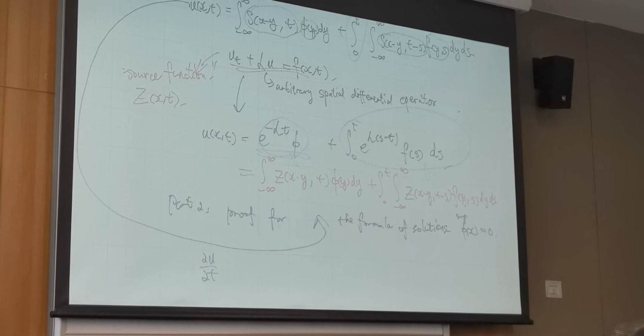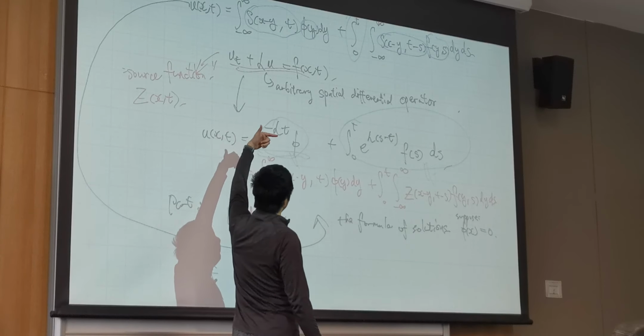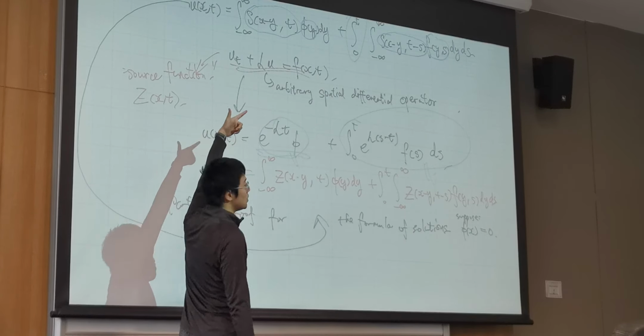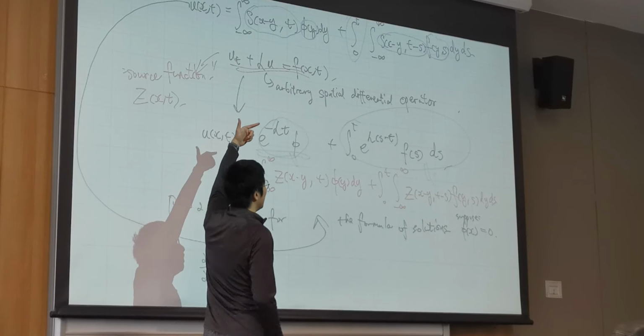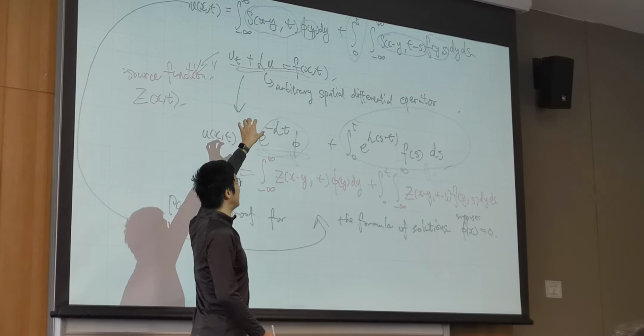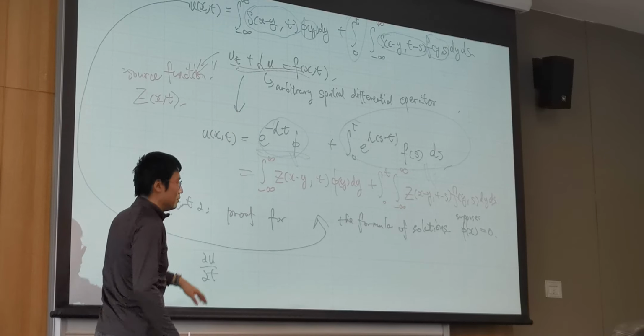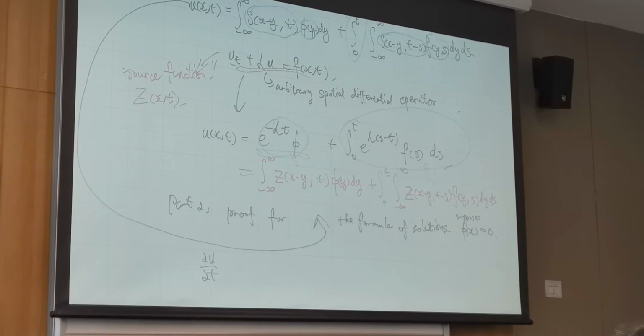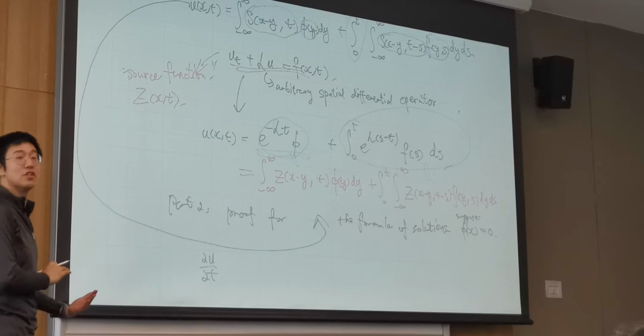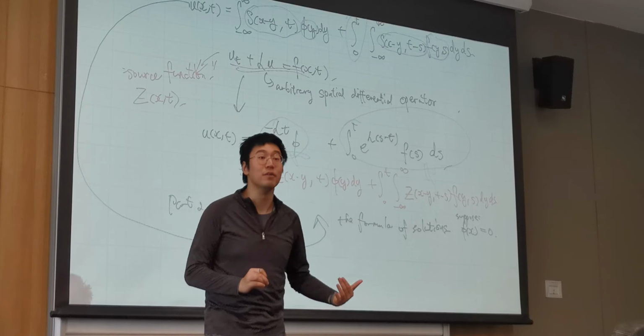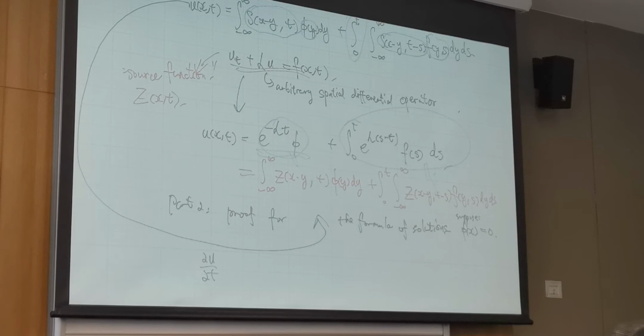That helps me simply get rid of the first part of the solution. This is something I'm really happy to do, and actually not illegal, because we already understand the effect brought by the initial condition. So let's get rid of the initial condition for now, and then we'll talk about the convergence to the initial condition a little bit later. So at this time, let's suppose my phi(x) equals 0.